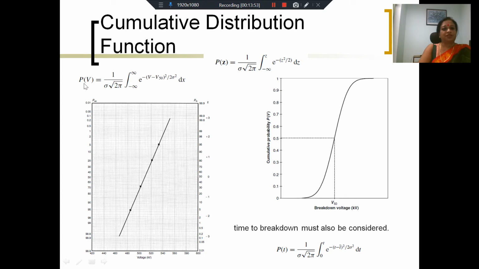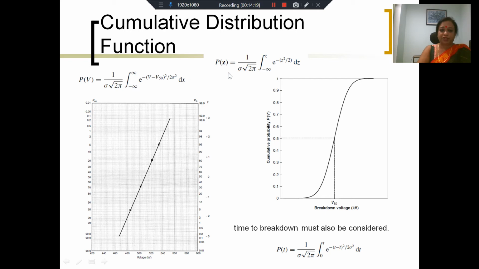The cumulative distribution function is given by capital P to differentiate it from small p. The cumulative probability of failure at voltage V is given by, as before, 1 by sigma root 2 pi times the integration, and this is what is different, from minus infinity to V of e to the power minus (v minus v50) whole square by 2 sigma square.